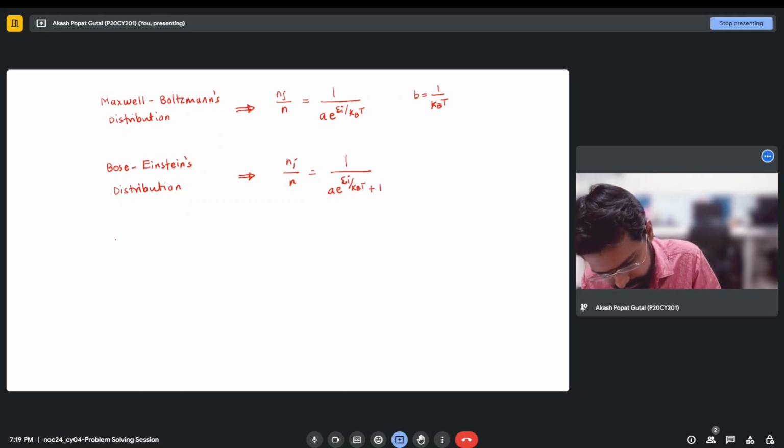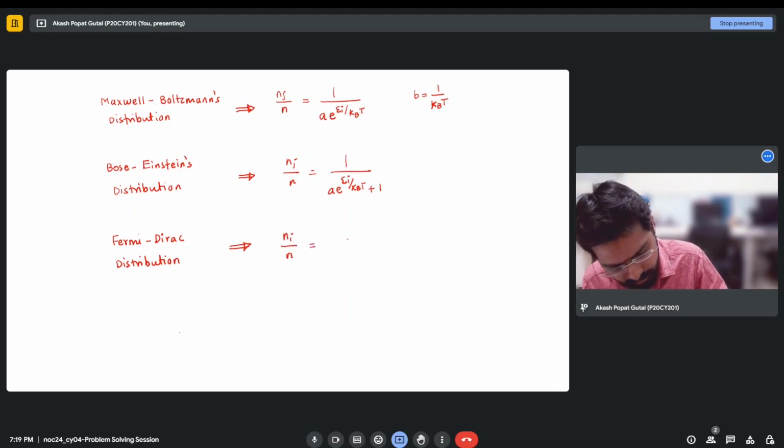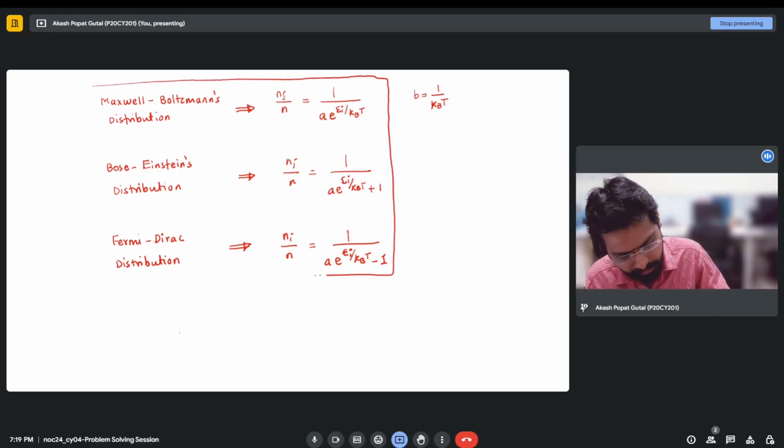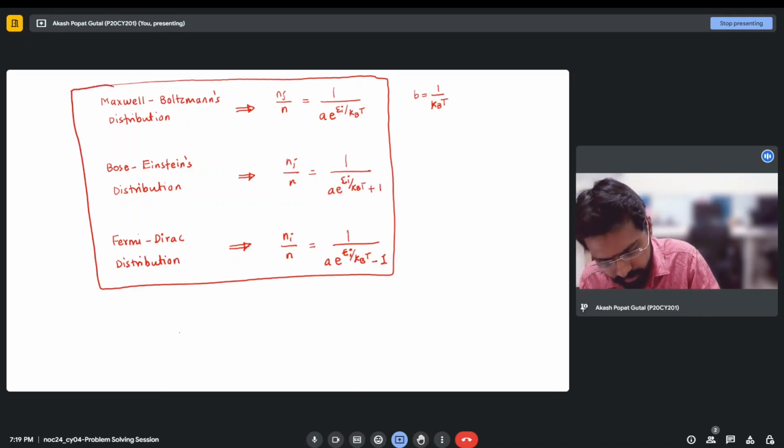And similarly, the third is the Fermi-Dirac distribution, which is for fermions, A into e raised to epsilon i by kBT plus 1. Right? So these are important distributions that we are going to use to solve today's problem.